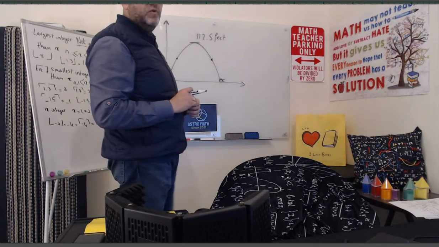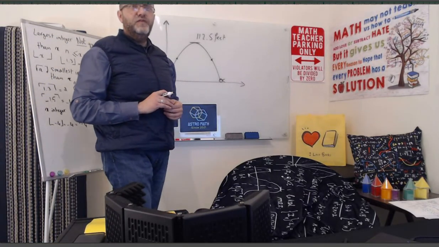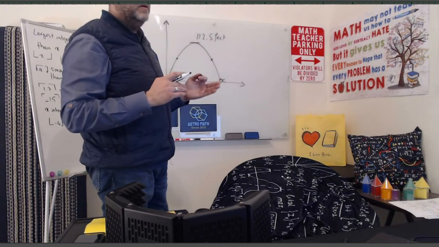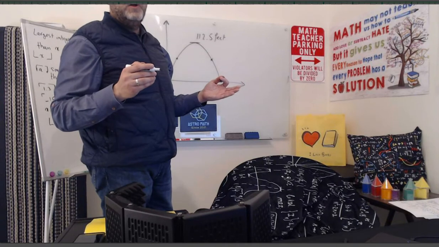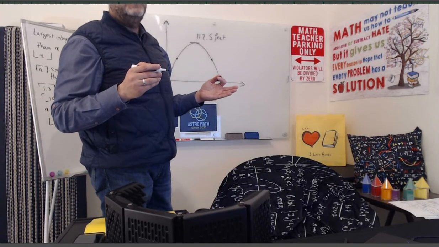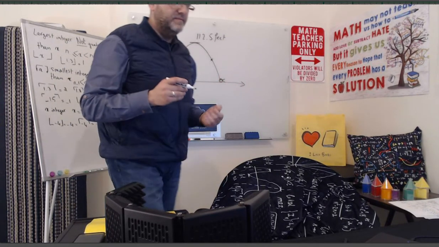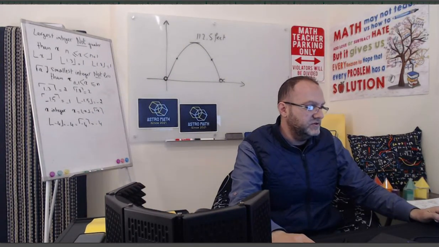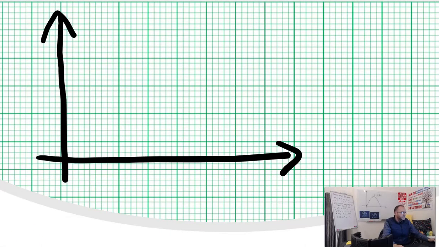So with 72 feet, all you need to do is use the original equation. What was the original equation? I keep forgetting. I apologize. What's the original equation here?